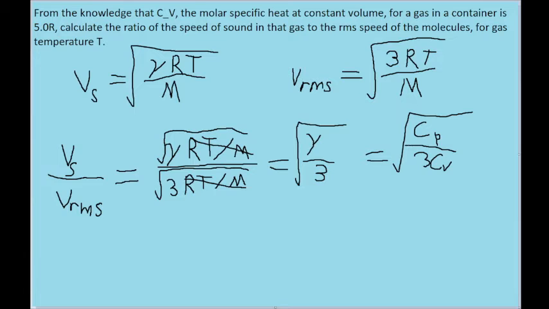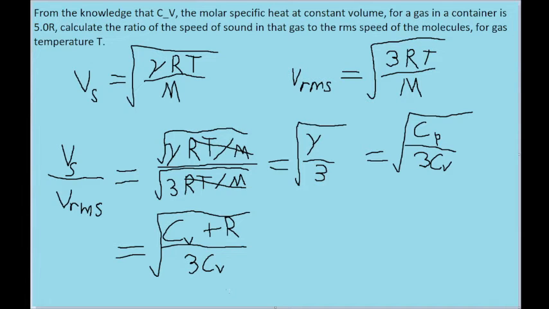So we end up with the square root of C sub P divided by 3 times C sub V. Now in the context of this particular problem, we don't know what C sub P actually is, but we do know that the value of C sub P is always equal to C sub V plus R. So we can replace that now. So this is what we end up for that.